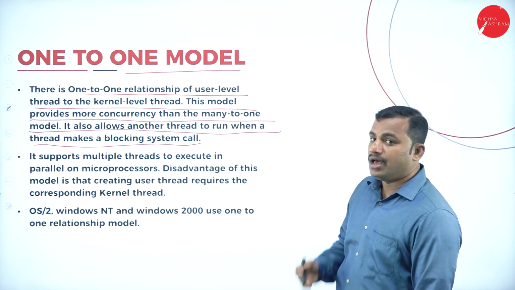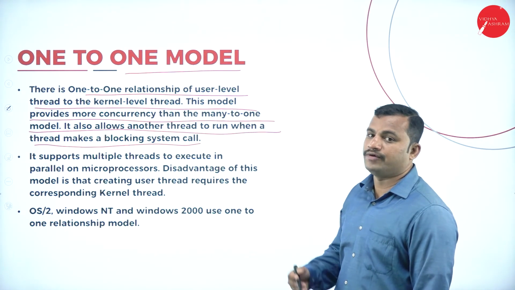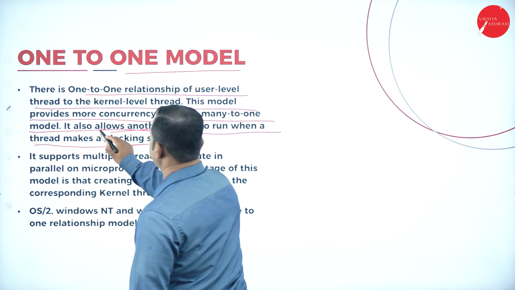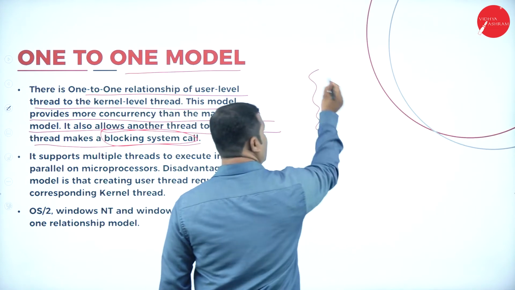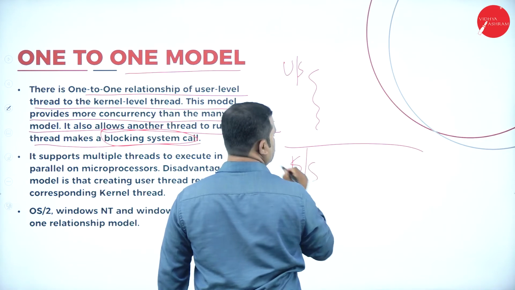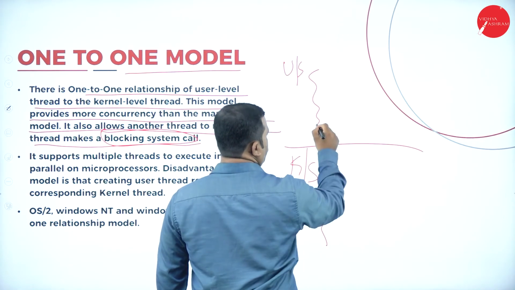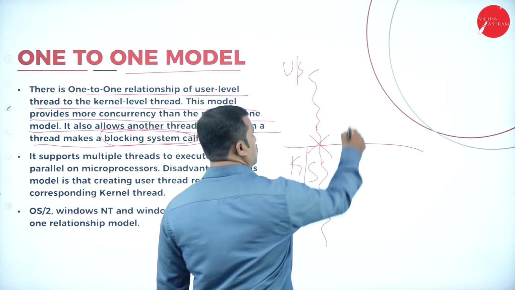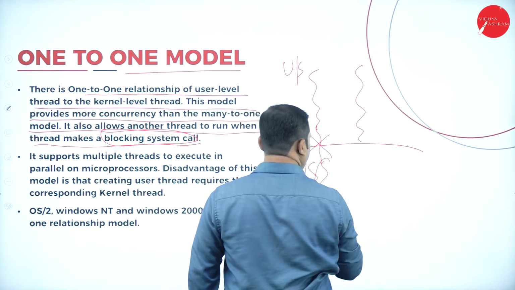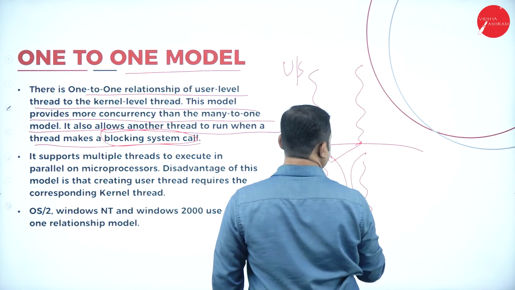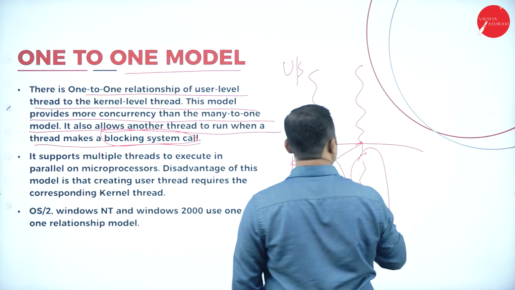What does this mean? I am using the phrase blocking system call very often. See here. When one thread is there in the user space and another thread is there in the kernel space, when one of the threads is blocked, another thread can make use of the kernel space, so that another thread available in the kernel space may also be utilized.